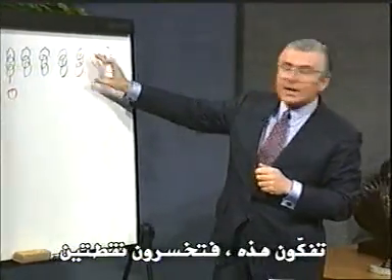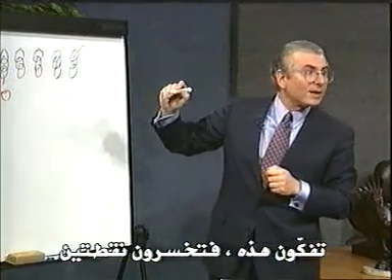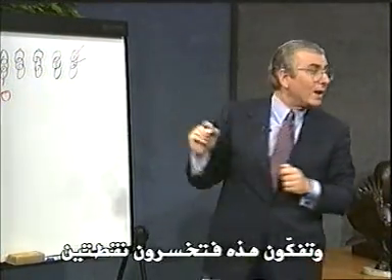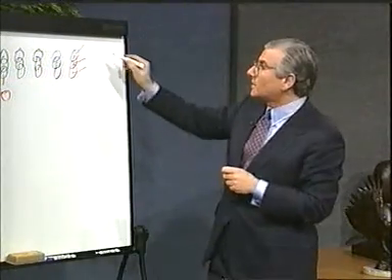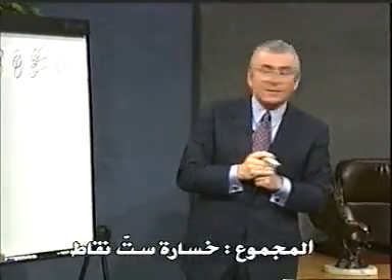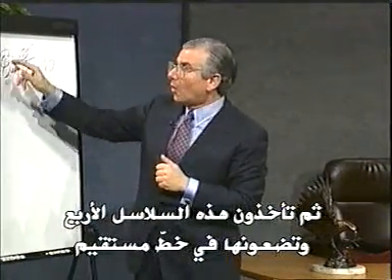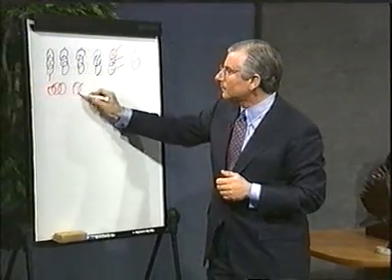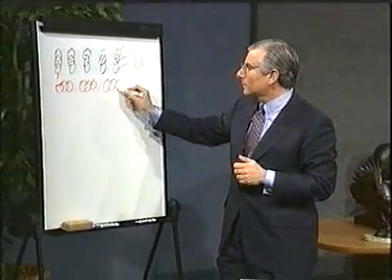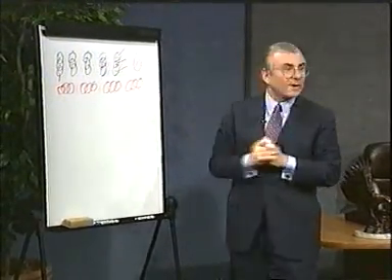You take this chain here, you break this one, that's 2 points. You break this one, that's 2 points. You break this one, that's 2 points. That's a total of 6 points. Then you take these 4 and you put them in a straight line. Right?